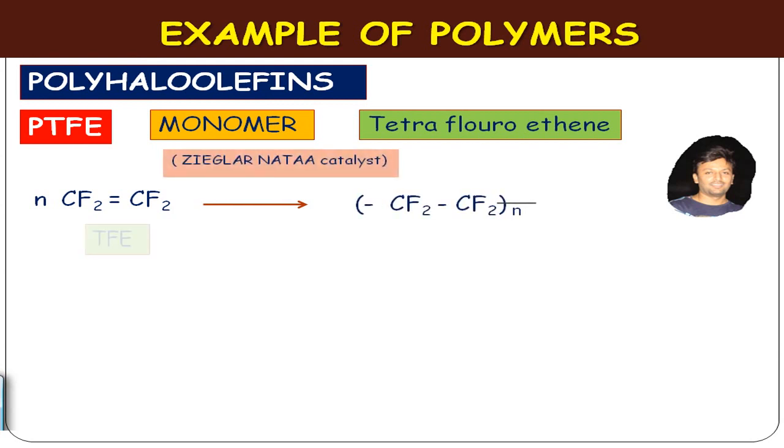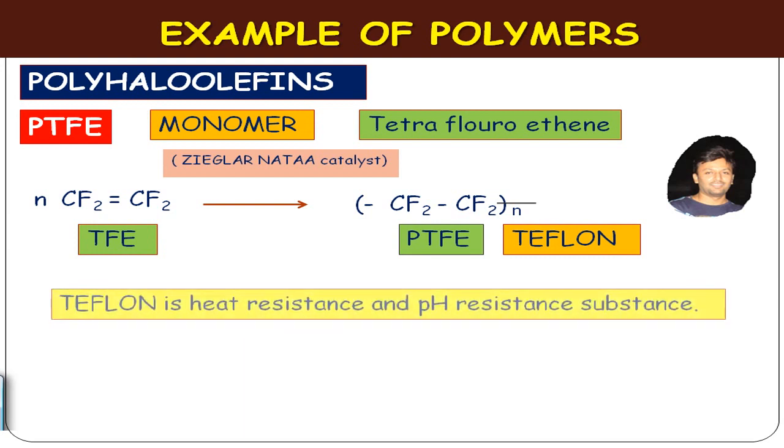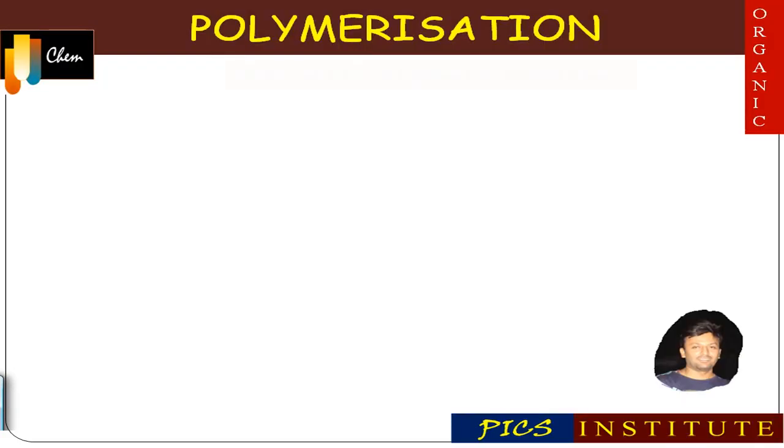Tetrafluoroethene on polymerization gives polytetrafluoroethene, that is PTFE. The commercial name of PTFE is Teflon, a well-known compound, Teflon. Teflon is a heat resistant and pH resistant substance.